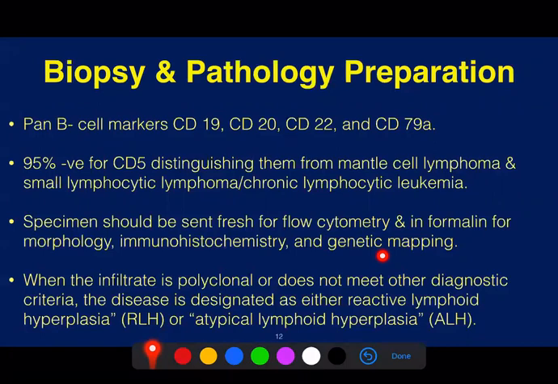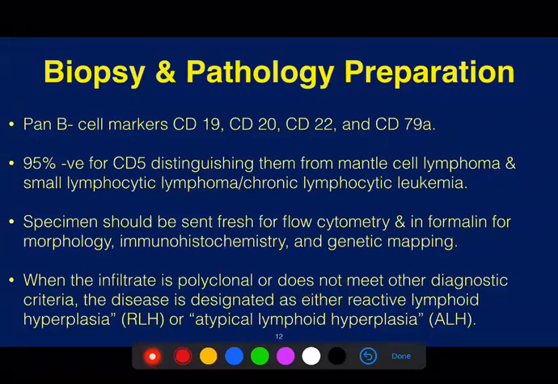Sometimes the pathologist cannot identify the exact subtype of the lymphoma, of the lymphoproliferative proliferation. So it can be polyclonal, or sometimes it doesn't meet the other diagnostic criteria.